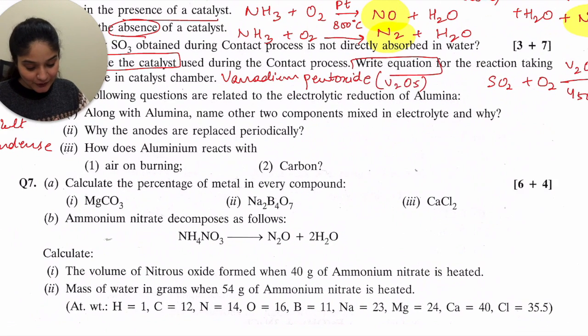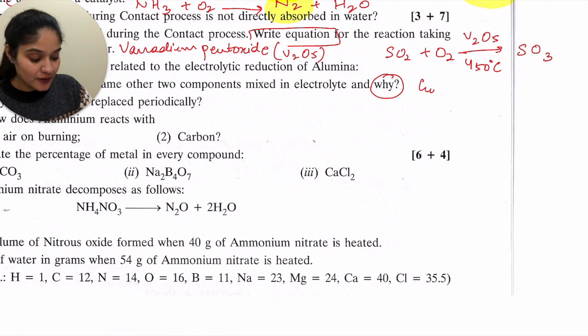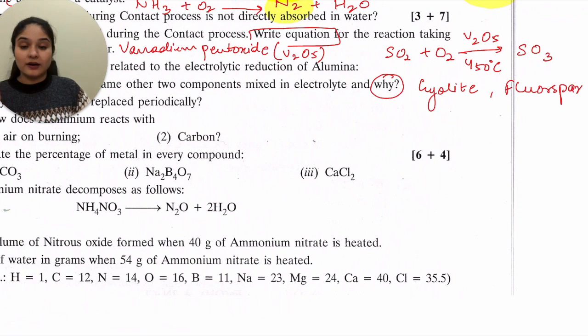Now moving on. The following questions are related to the electrolytic reduction of alumina. The first part is, along with alumina, name the other two compounds mixed in the electrolyte and why. First, you have to name them: cryolite and fluorspar. Now why are they used?